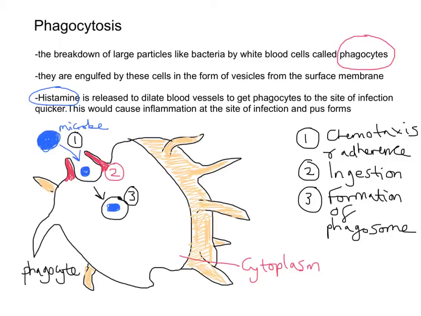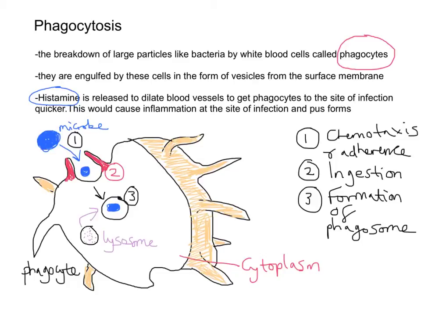Then in the cell, you might be aware from previous videos on cell structures, you have something called a lysosome. This is an organelle, a part of the cell, and the lysosome contains digestive enzymes. And that lysosome goes to fuse with the phagosome.